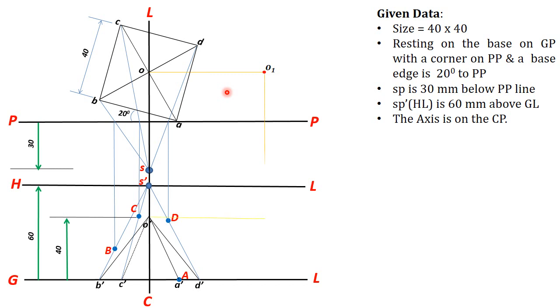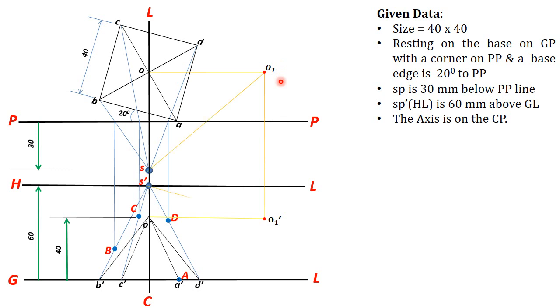Okay, then in front view also you transfer that O dash to the same distance. Okay, mark it as O1 dash. Now you can find the perspective view of the new point O1 by following the normal procedure.